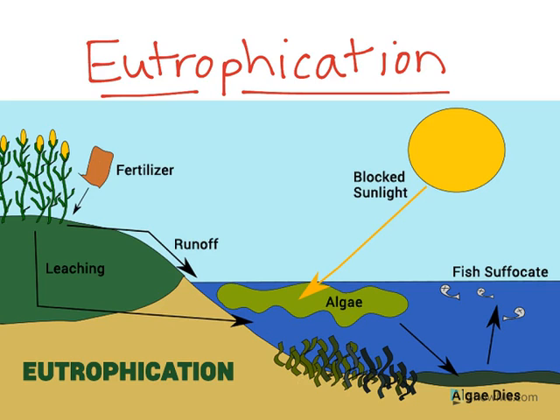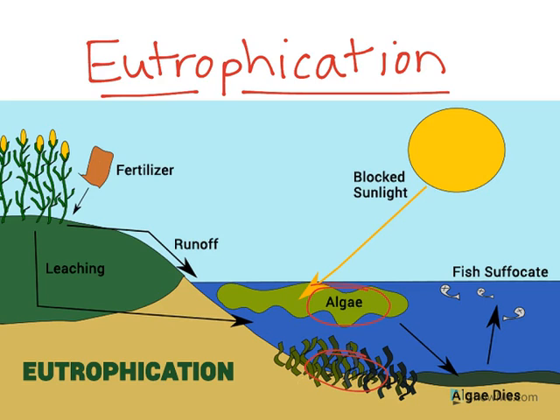Now if we have a look at an issue involving fertilizers, excess fertilizer runoff into lakes and rivers, etc., promotes the growth of algae in the water, which can form dense mats, and this blocks out the sunlight to the plants which grow below that and to the algae lower down in the water, and so they die.